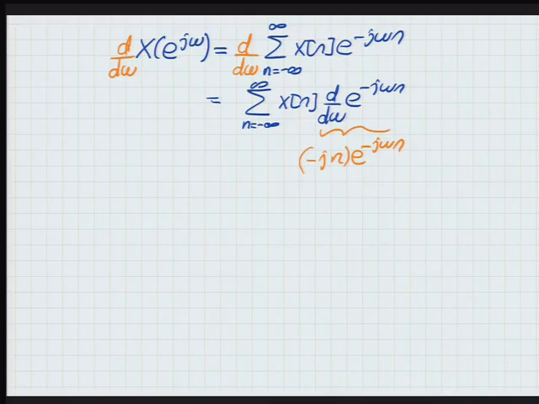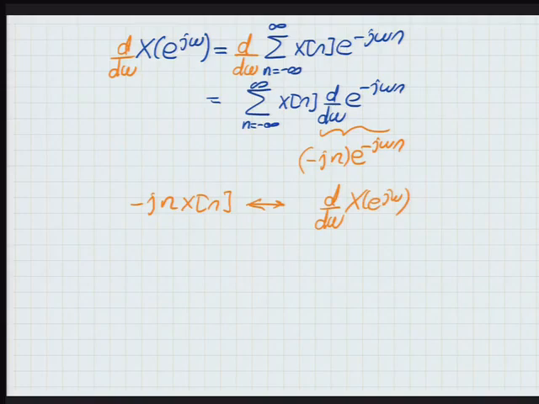So that means the signal negative jn x of n would give me the DTFT d by d omega of X of e to the j omega, right? All right, if you don't like this negative j on the left-hand side, multiply both sides by j.